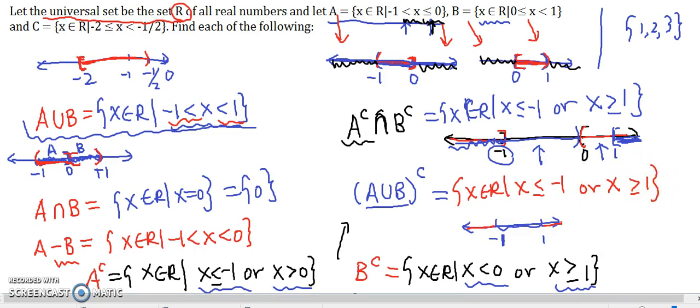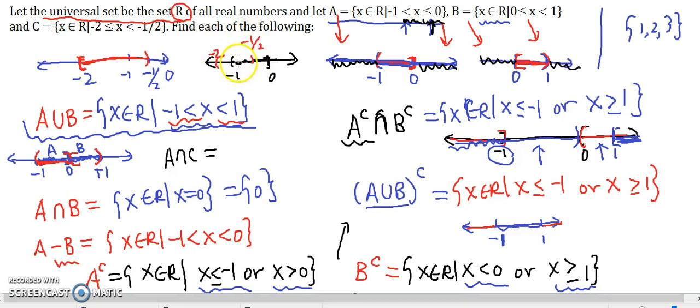Okay, we're going to do one more, the intersection of A and C. I'm going to put it over here. Intersection, so we have A right here. We put an A here from -1 to 0. And C is from -2 to, let's say, -1/2. So -2 is right here, -1/2 is right here.